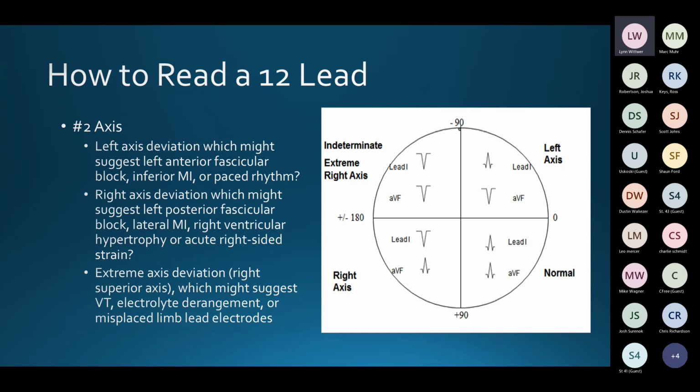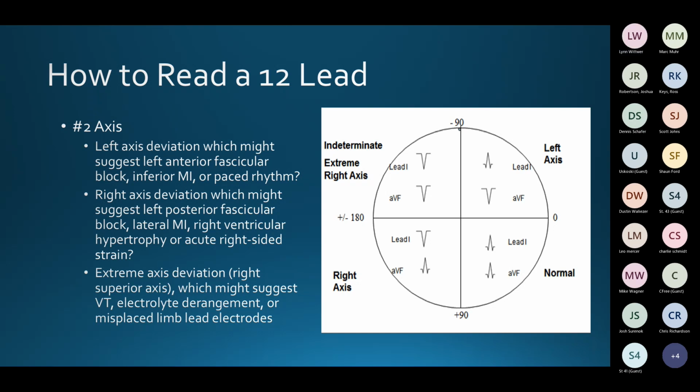Now, what does this mean? The easy way that I learned to look at this is to look at only lead 1 and lead AVF. If it's normal, the primary QRS complex is upright in lead 1 and lead AVF.